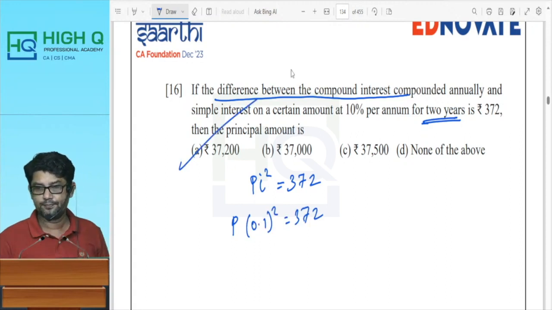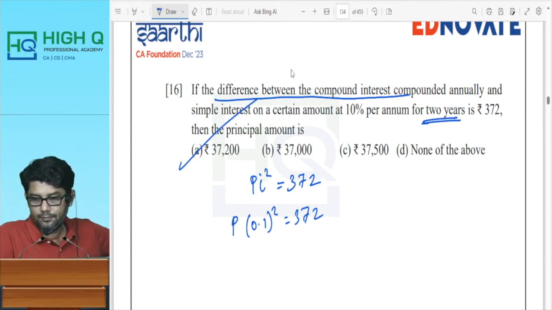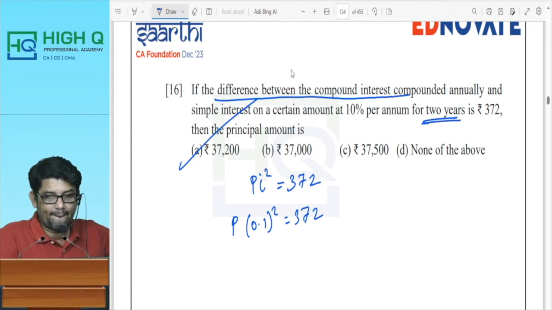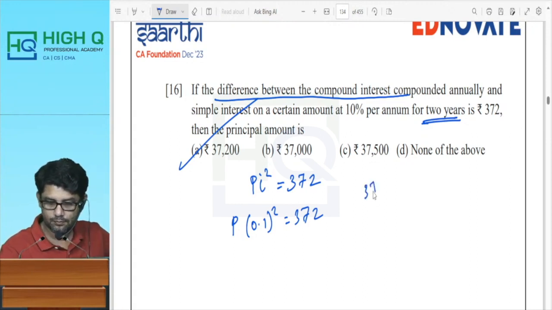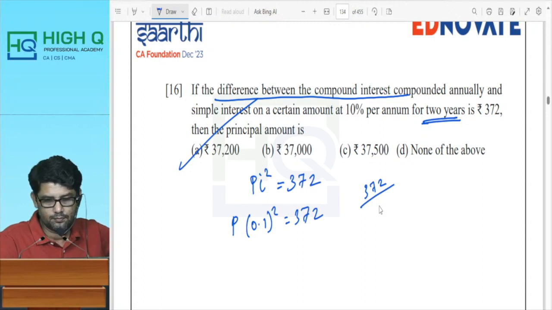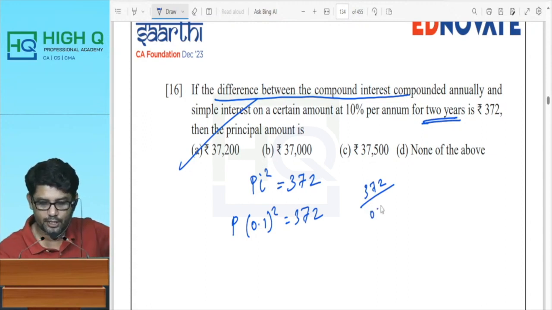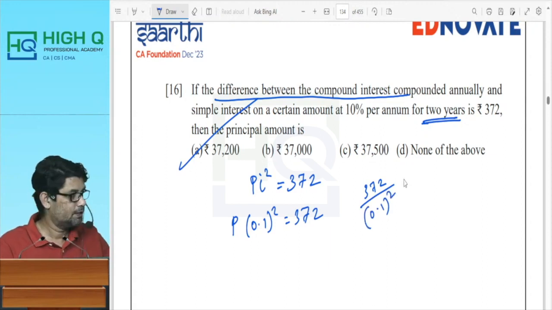I'm getting option A. Did you get it, my dear? It is A only I'm getting. 372 divided by 0.1 the whole square. Correct?